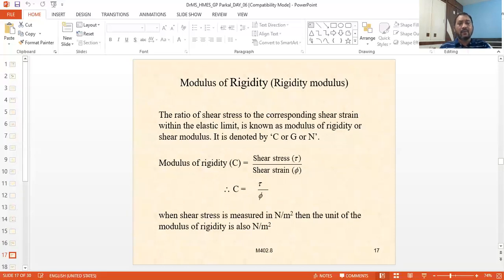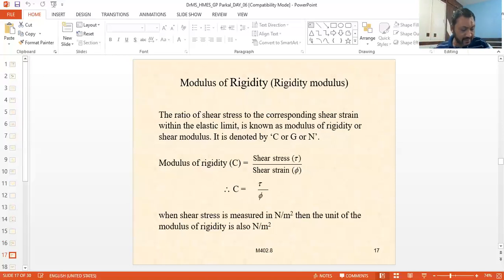The modulus of rigidity can be defined as follows: whenever a body is subjected to some kind of forces, the shear stress produced in the body divided by the corresponding shear strain is called the modulus of rigidity. So here C is equal to tau by phi.